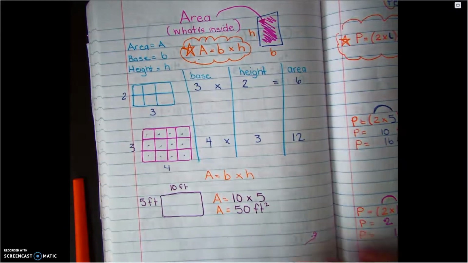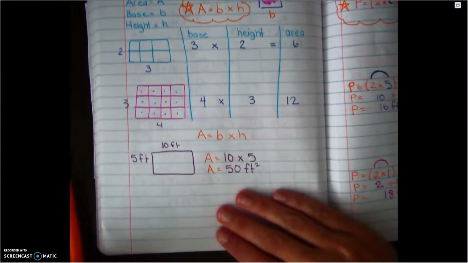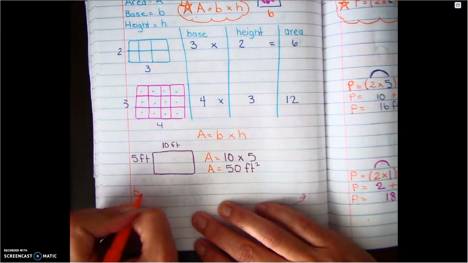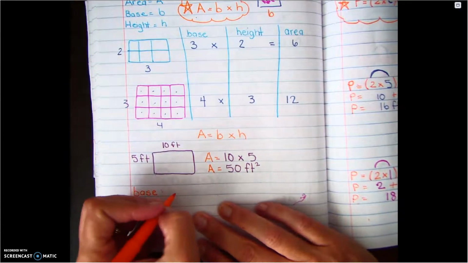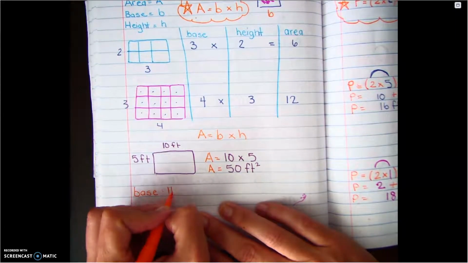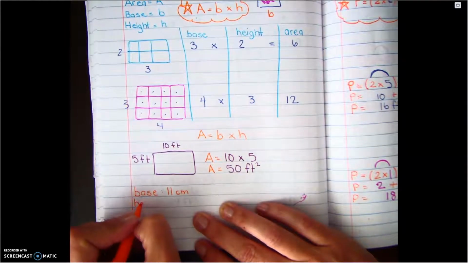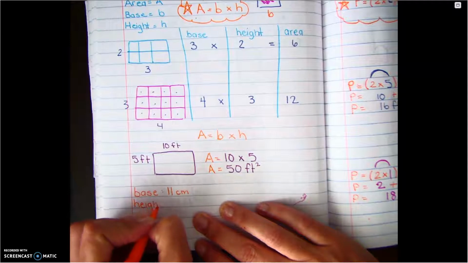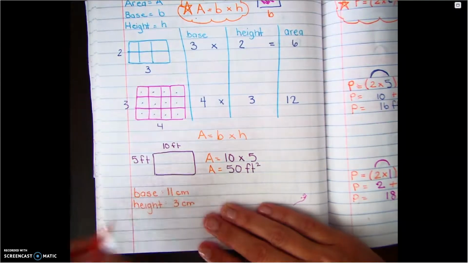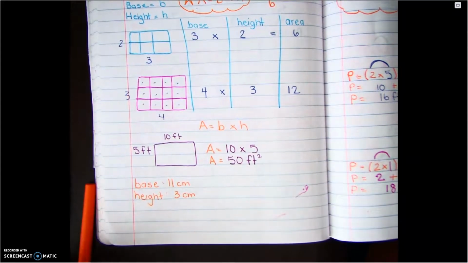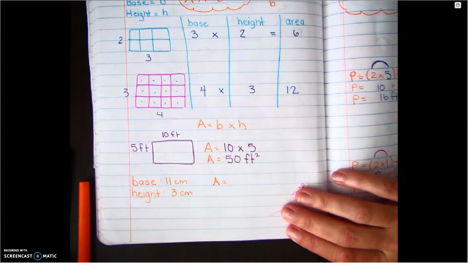All right, so now I'm going to do another one. I'm going to do it with words this time. So the base is 11 centimeters, and the height is 3 centimeters. And I want to find the area. So our area equals base.